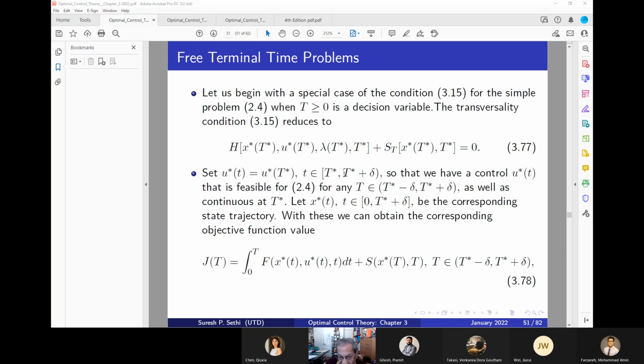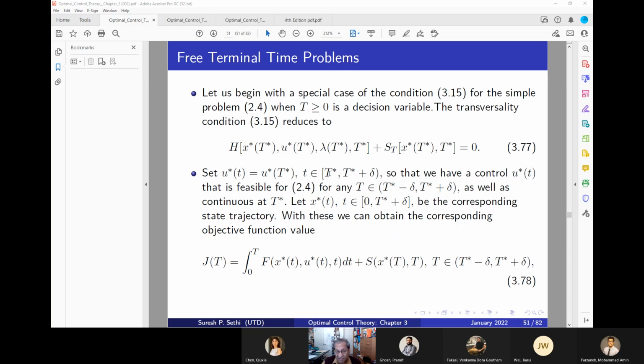when I said T bigger than T star and smaller than T star plus delta, I actually mean that you solve the problem for this new T. When you solve the problem for this new T and compute the objective function, that objective function will be less than the objective function with T star.